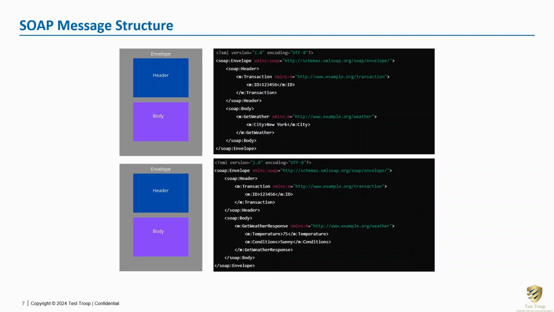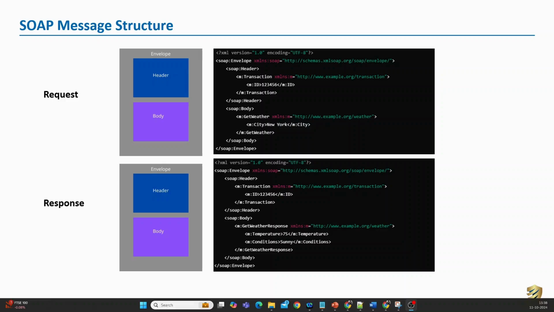We learned that SOAP uses the XML format to exchange the information between the server and the client. A typical SOAP request and response consists of the following components: envelope, header, and body. Envelope is a root element that identifies the XML document as a SOAP message. Okay, this is the envelope, and this is the header.